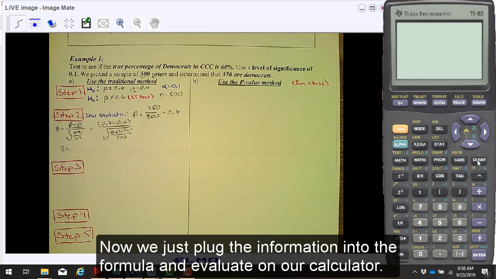Now we just plug the information into the formula and evaluate on our calculator.